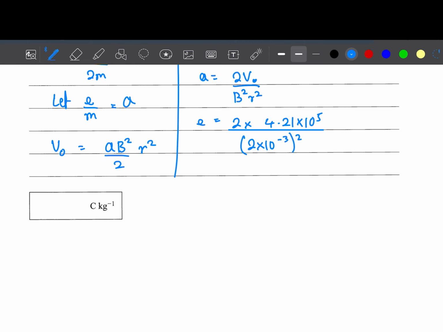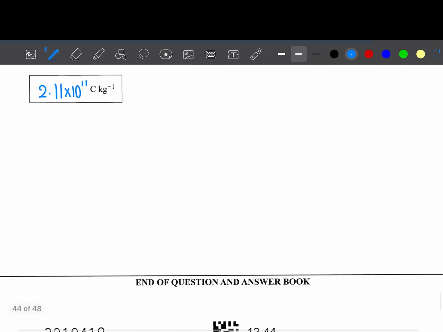So A, which is e on m, equals 2 times the gradient over (2 times 10 to the negative 3) squared. So I get 2.11 times 10 to the 11 coulombs per kilogram. So 2.11 times 10 to the 11.